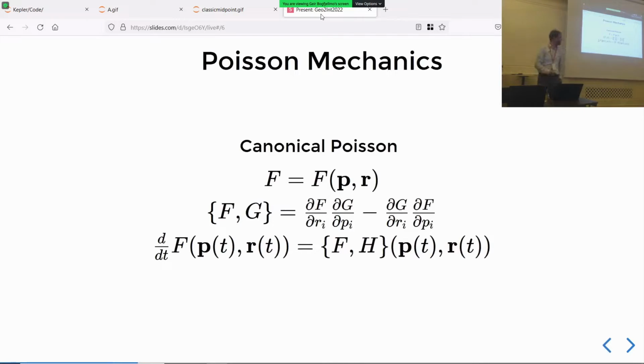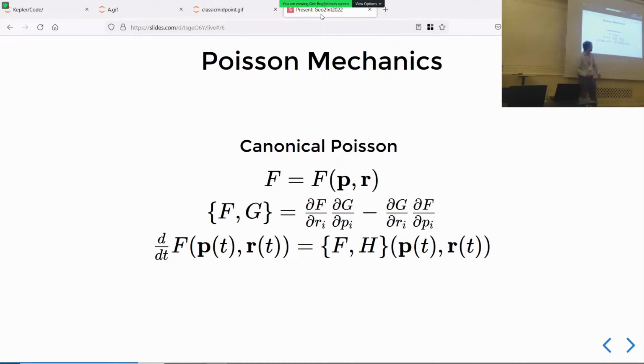A lot of you probably know that when you have a Hamiltonian system, you can also write it as a Poisson system. For the canonical Hamiltonian systems, you have the canonical Poisson bracket. It's a Lie algebra structure on the set of functions.